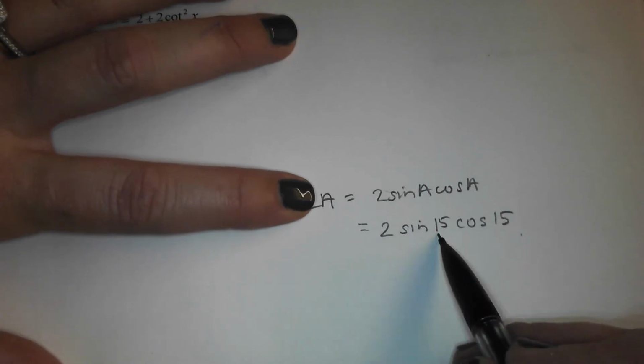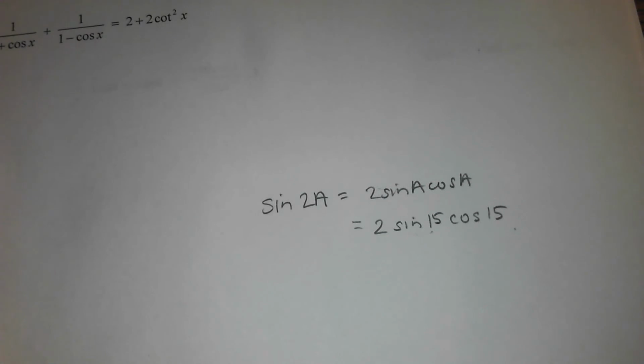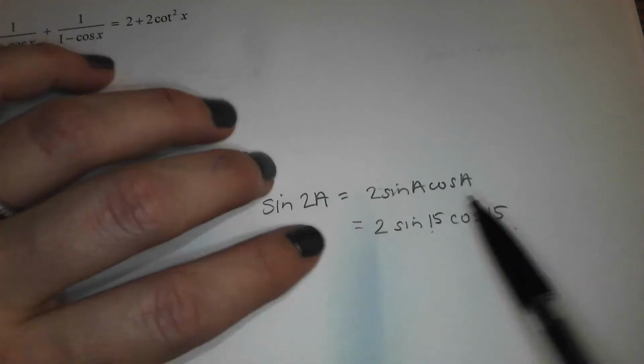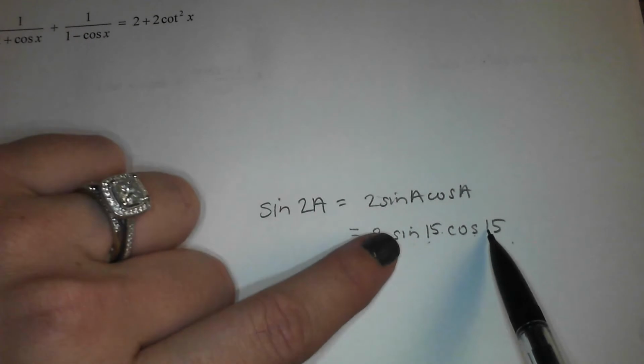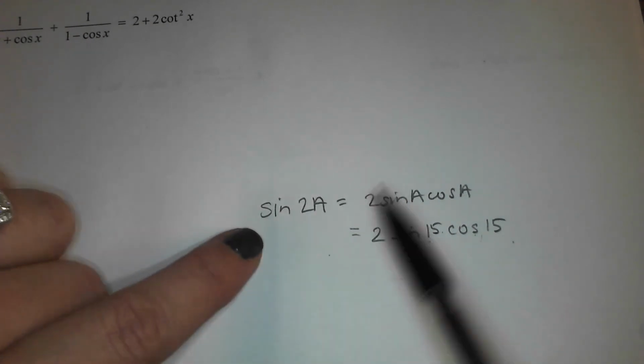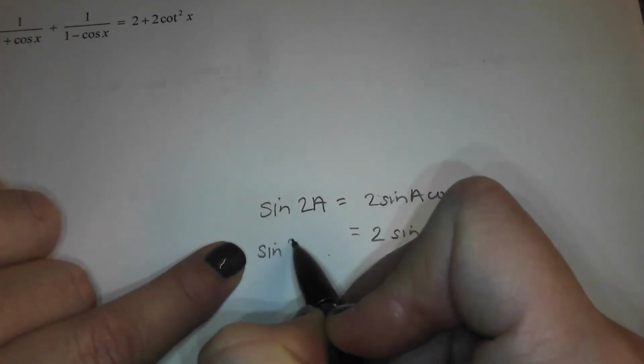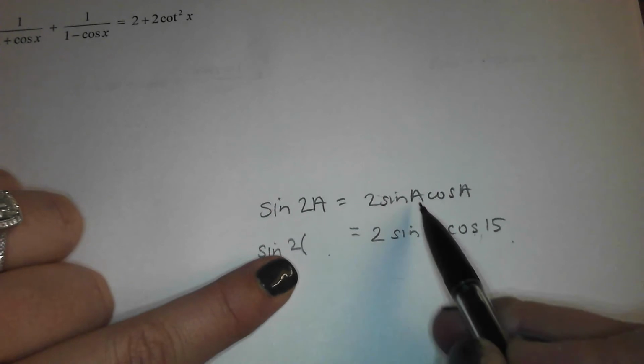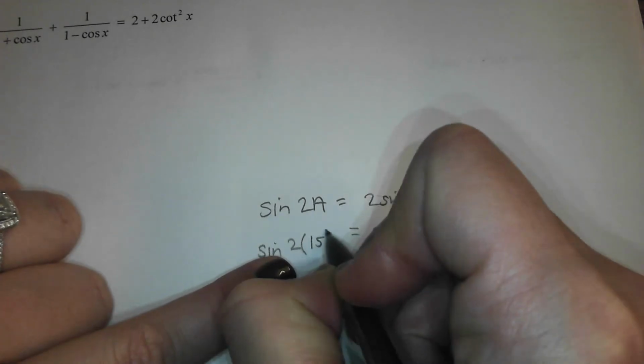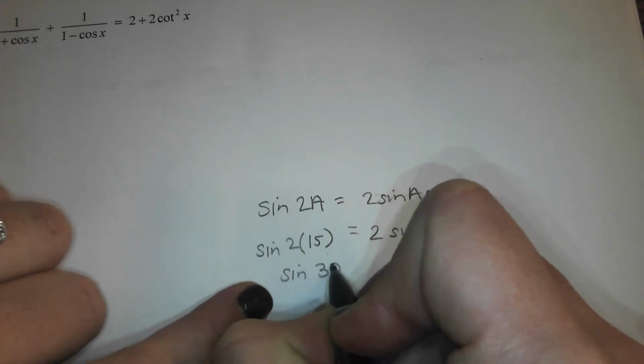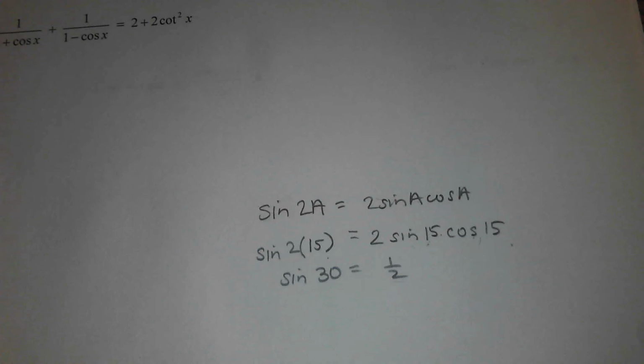Because you don't know the sine of 15. You only know sines, cosines, and tangents of 0, 30, 45, 60, and 90. So 15 would throw you off. But if a is 15 and we translate this formula backwards to the sine of 2 times what our a value is, a was 15. So it becomes the same as the sine of 30, and it will just be 1/2.